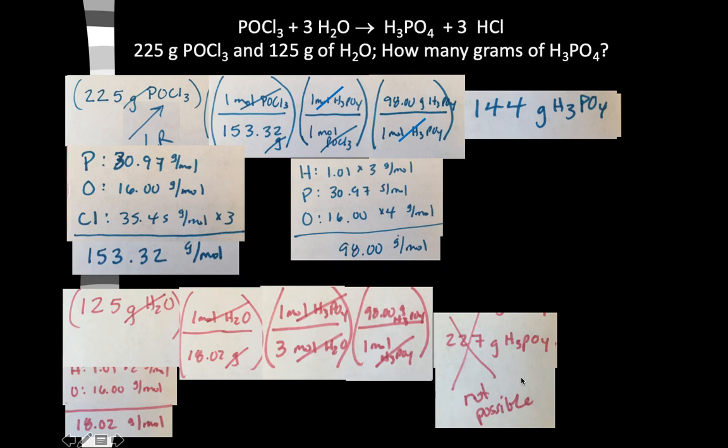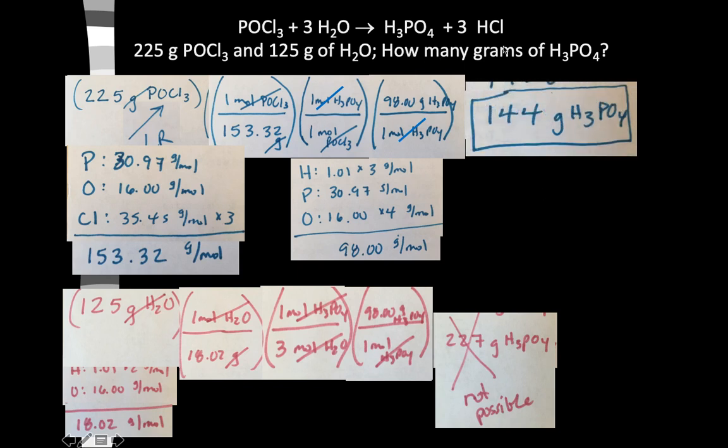So I could never make, not possible at all, 227 grams of H3PO4. So my answer of how many grams of H3PO4 are made is 144 grams of H3PO4. Now, technically, this is still just theoretical because I'm just doing it on math. This is my theoretical answer of how many grams of H3PO4 could be made from 225 grams of POCl3.